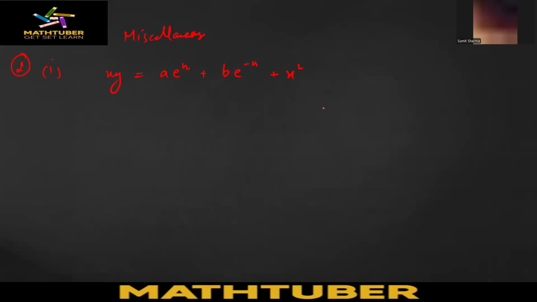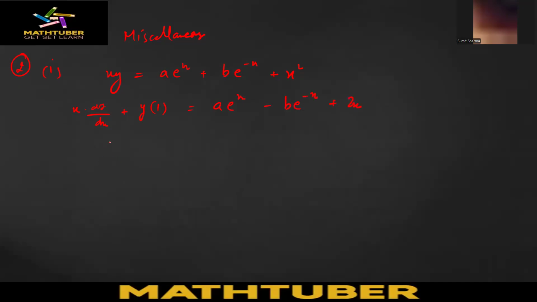So we'll first find out dy by dx and d square y by dx square, so the first order derivative and second order derivative. We'll differentiate it: first function as it is, differentiation of second plus y as it is, x ka derivative is 1. a into e raised to power x minus b into e raised to power minus x plus 2x.